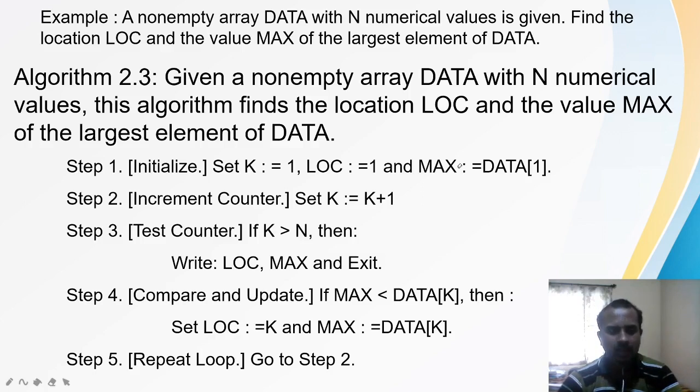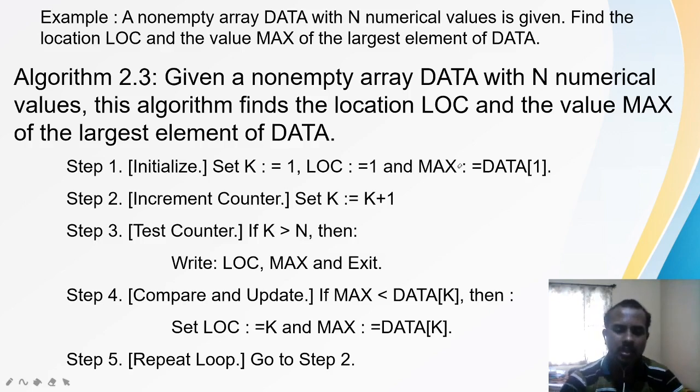Then afterwards, we check whether k, that is the counter, is greater than n. If it is greater than n, what is the meaning of that? You have already come to the end of the array. So that means you cannot check further elements. Why? Because you have already come to the end of the array.